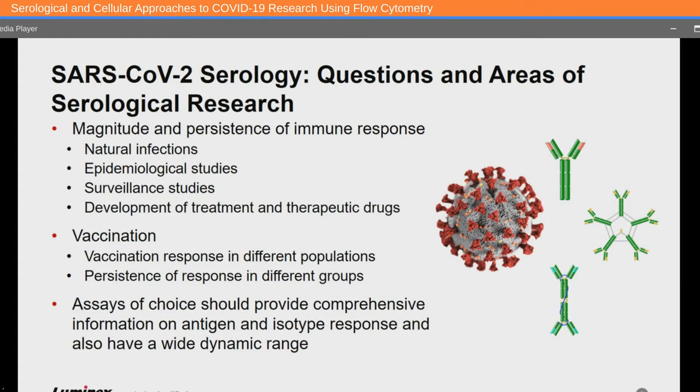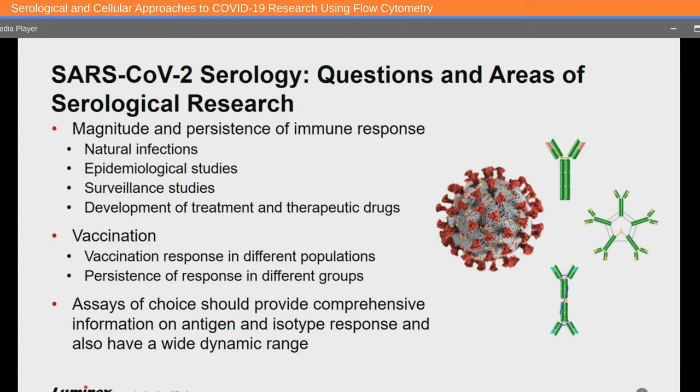These assays have shed light on the magnitude and persistence of the immune response in different studies, such as natural infection, epidemiological and surveillance studies, and in the development of treatment strategies and therapeutic drugs. The assays continue to be important to study vaccination response in different subpopulations and the persistence of response in different groups, with more strategies such as booster strategies coming in.